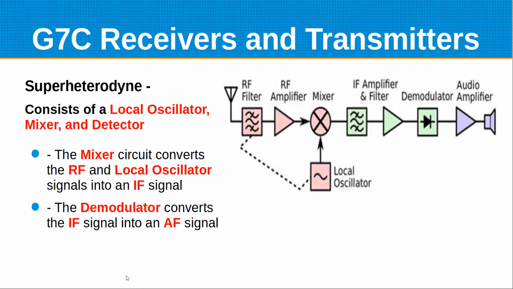Okay, superheterodyne. Most of the modern transceivers or receivers are going to be a superheterodyne configuration, where you're going to heterodyne the signal. So you have an RF signal coming in, you mix it with a local oscillator and convert it to normally a lower intermediate frequency.